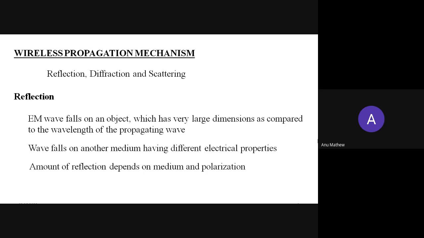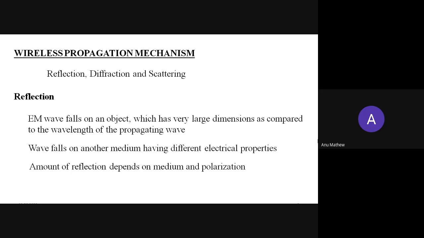The amount of energy reflected back depends on the medium and the polarization of the electromagnetic wave. So this is the reflection propagation mechanism.